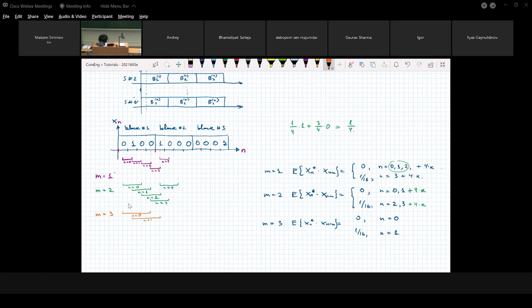Then if we shift by one more sample, n equals to 2, again, we see that we have two independent blocks. And again, the cross correlation will be equal to 1 over 16 because they're independent.